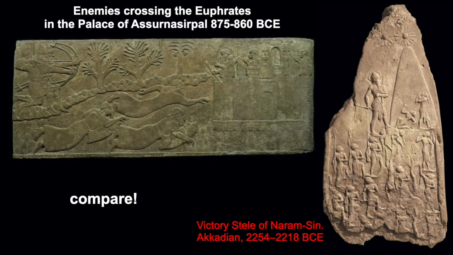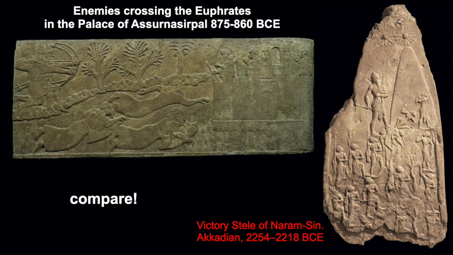Another question that you will have with this lecture is a comparison between these two relief sculptures. So one, you have Assurbanipal, and it is a relief sculpture on a wall, and then you have that victory stele of Naram-Sin that we looked at in the last lecture. And there are a few things that I want you to consider when you do this comparison.